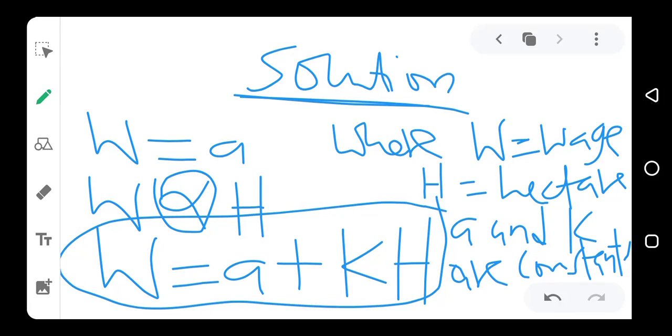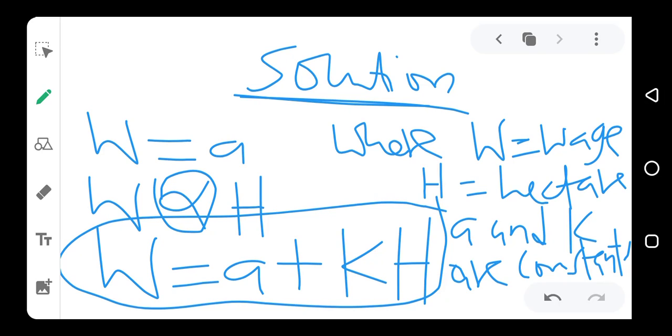So having this relationship, we can now proceed to solve by putting the values of W given to us in the first instance and H given to us to get equation 1, and then the W given to us in the second instance and H given to us in that second instance to get equation 2. Partial variation will always result in simultaneous equations.